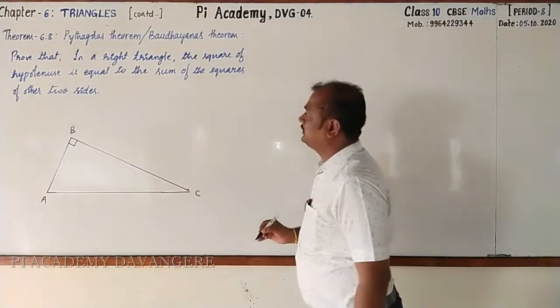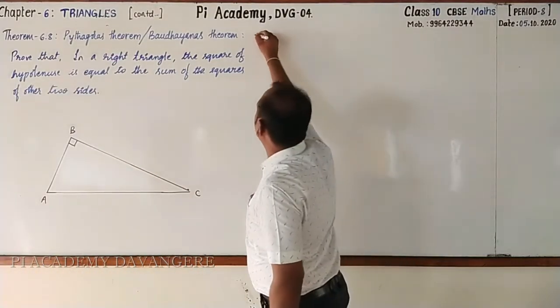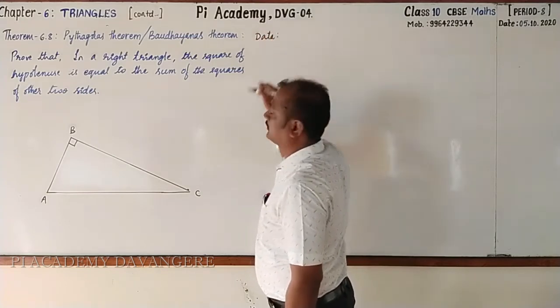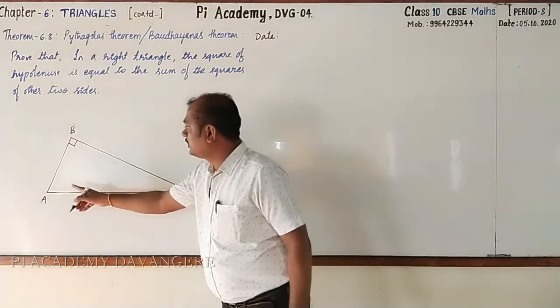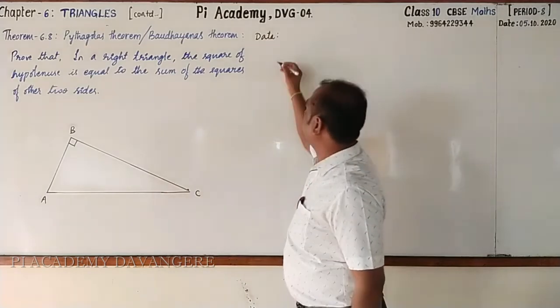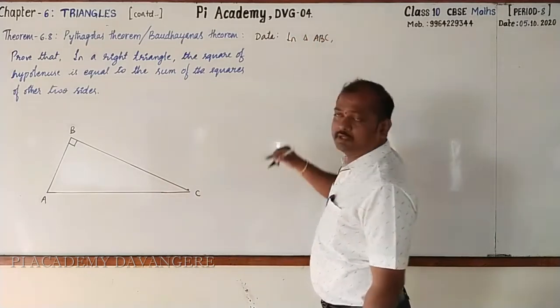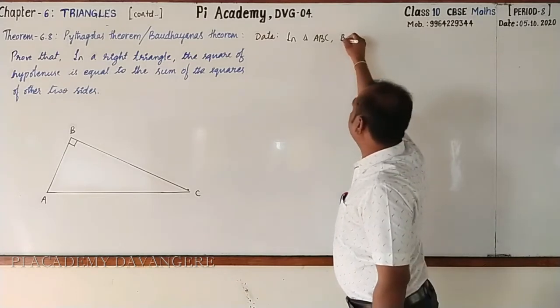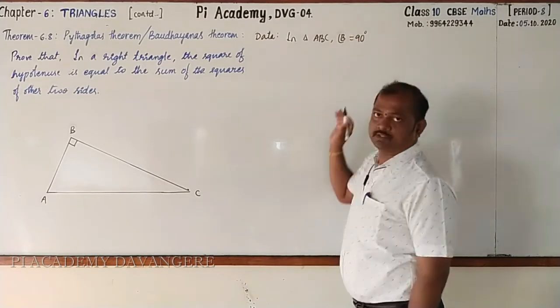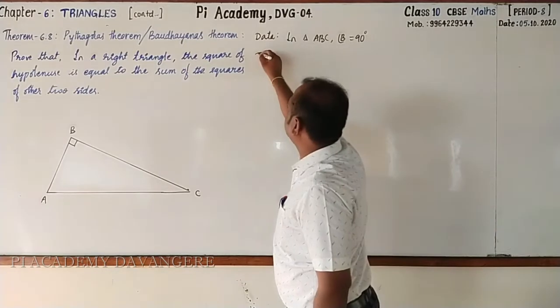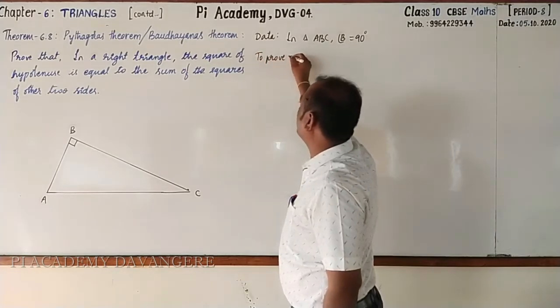Now, let us write the data. How do you write? It is in triangle ABC. In triangle ABC, what has been given? Angle B is 90 degrees. Only this much. With this information, what are we going to prove?